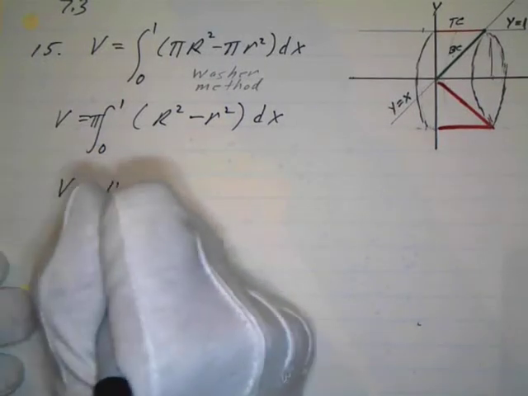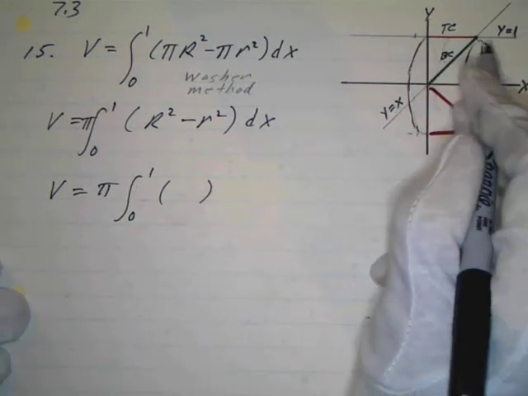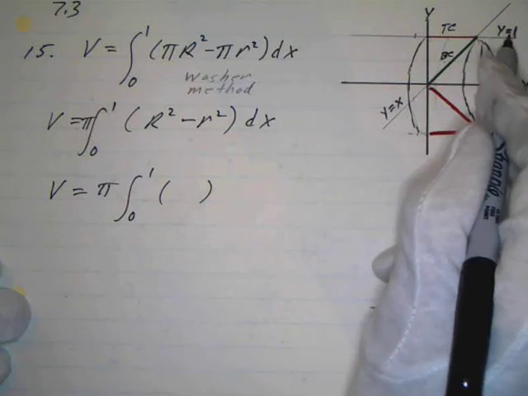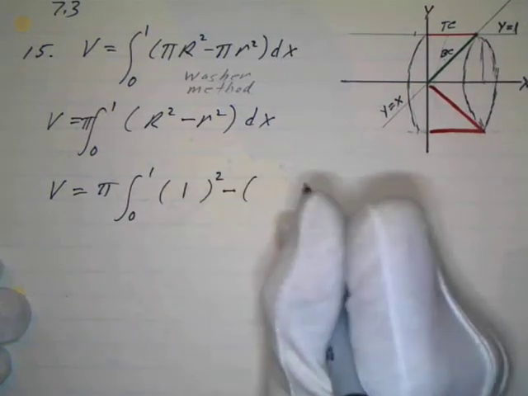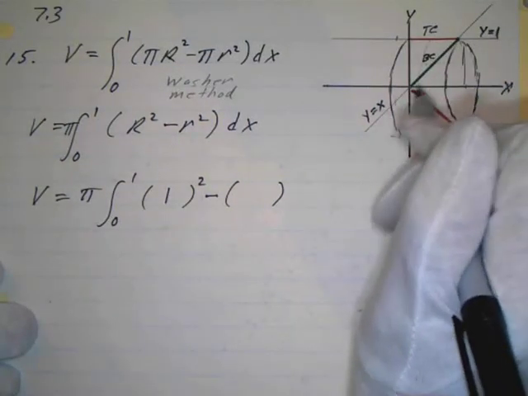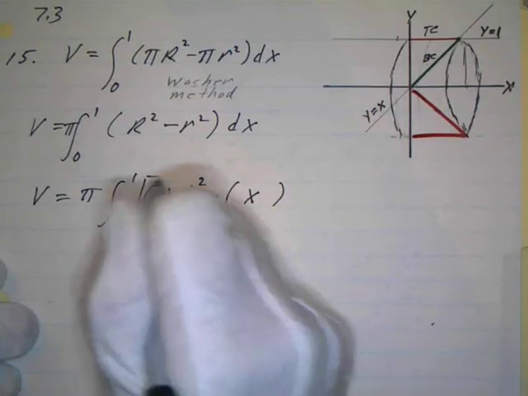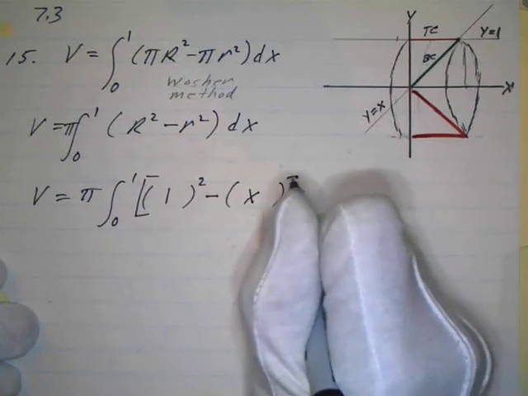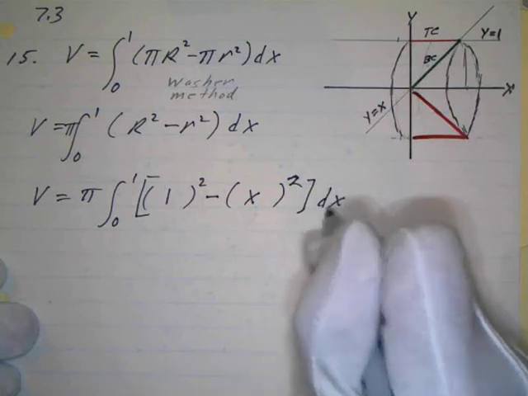So volume equals pi times the integral from 0 to 1. My big R squared, that's a constant, that's just y equals 1, so that goes there. Minus little r squared, and that's just going to be y equals x, squared, pardon me, and that's dx.